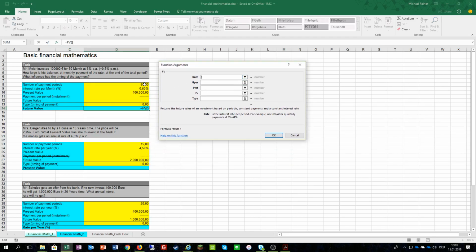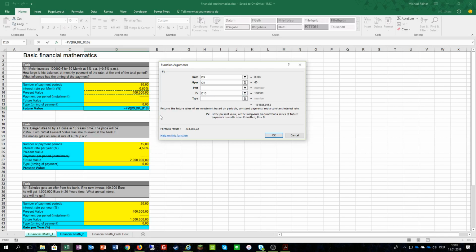Now in our example, the rate is the 0.5%, and the number of payments, the periods in the investment, sorry, is the 6%. We don't have any payment made each period, and of course if we don't have any payment made each period, type, meaning beginning or end of the period, is of no interest for us.